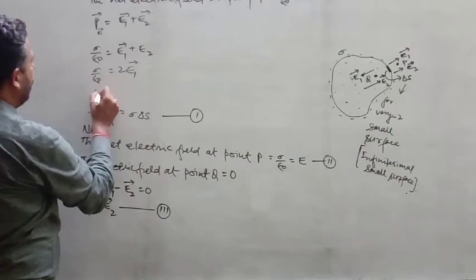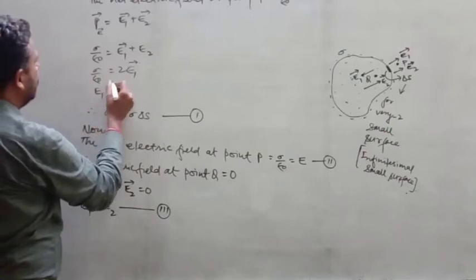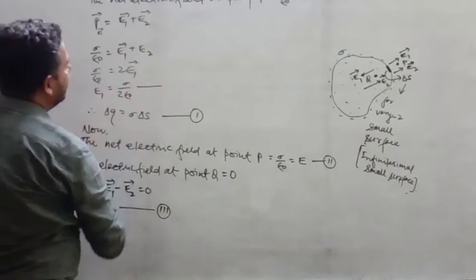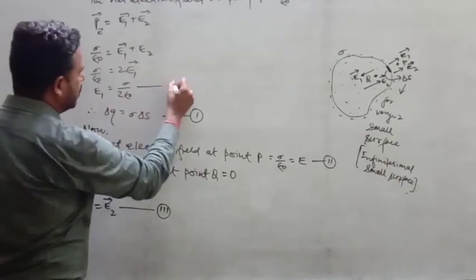From here you find E1 is equal to sigma by 2 epsilon naught, and this is your next equation.